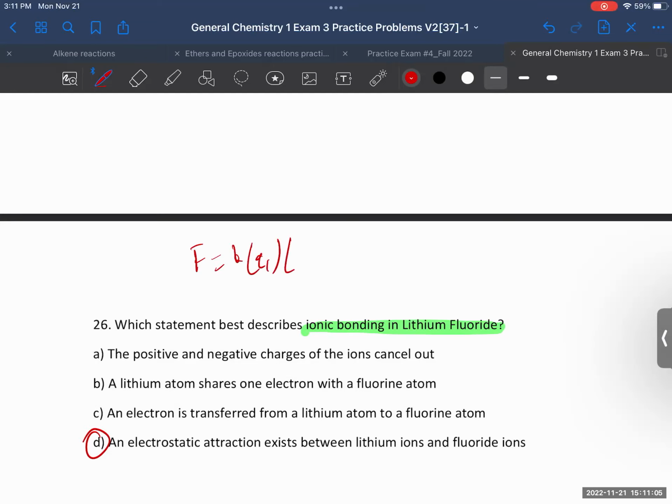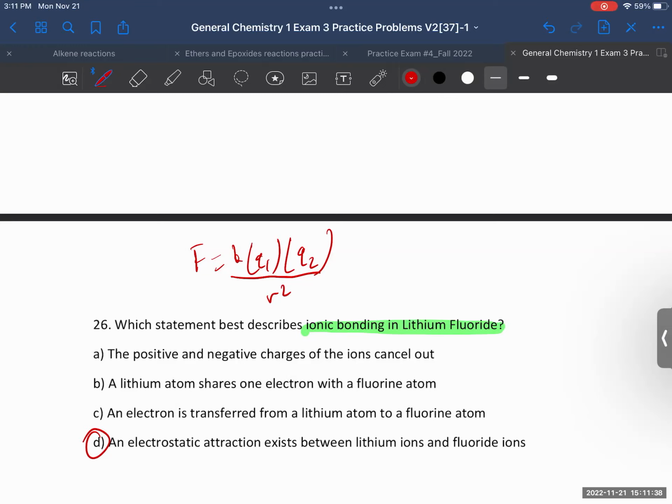So Q1 is the charge of the first species, Q2 is the charge of the second one. It's basically a force attracting them, this electrostatic force between the two ions. But it's not due to the electron. That force is a result of the imbalance of charge, which is derived from the transfer of electron. But once that electron has been transferred, it's not being transferred back and forth. It's between the negatively charged fluoride and the positively charged lithium.